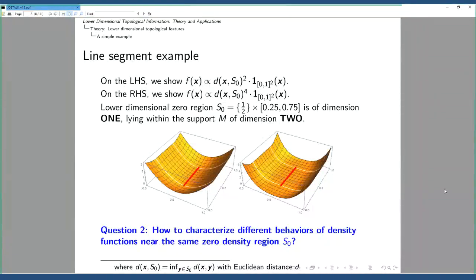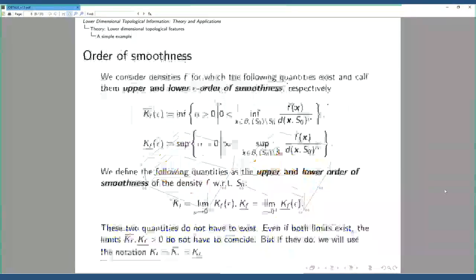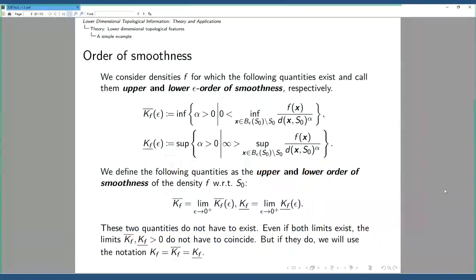So now a very interesting second question arises: how do we characterize this different behavior of density functions near the same zero density region S0? In order to describe such different local behaviors, we introduce a new notion in our paper, which we call the order of smoothness. First of all, we restrict our attention to an epsilon neighborhood of the zero density region, and then we compare the density function to a polynomial order of the point to set distance.